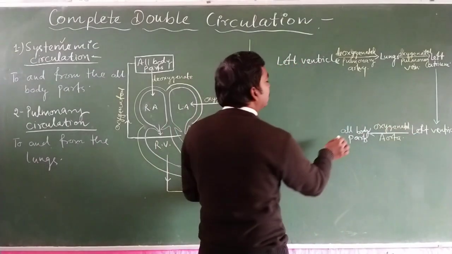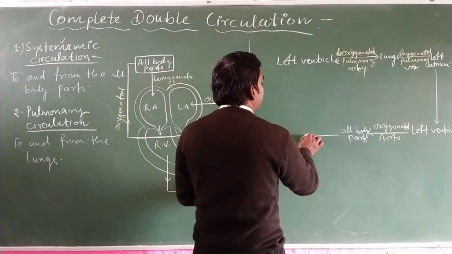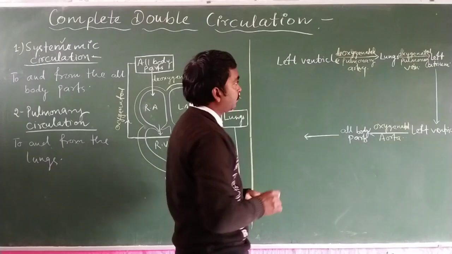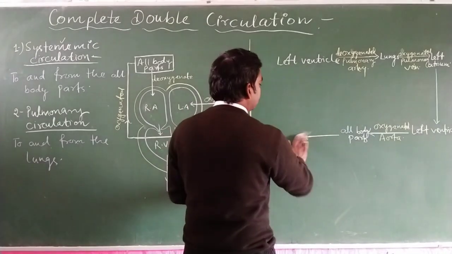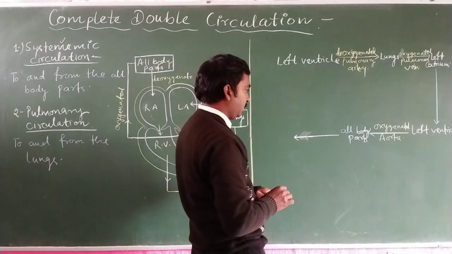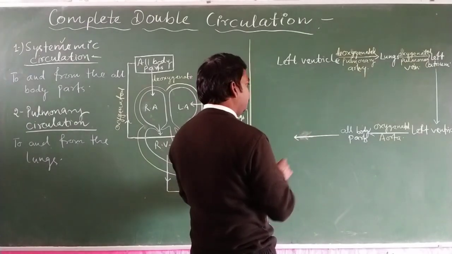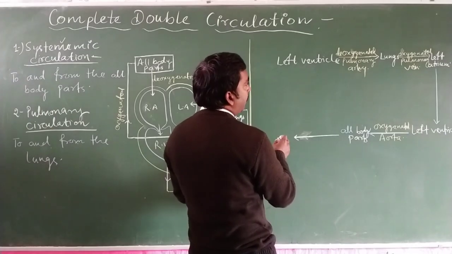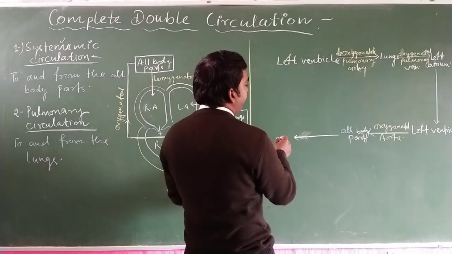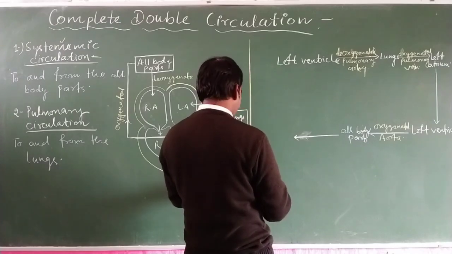Then from all parts of the body the blood is collected into the right atrium.